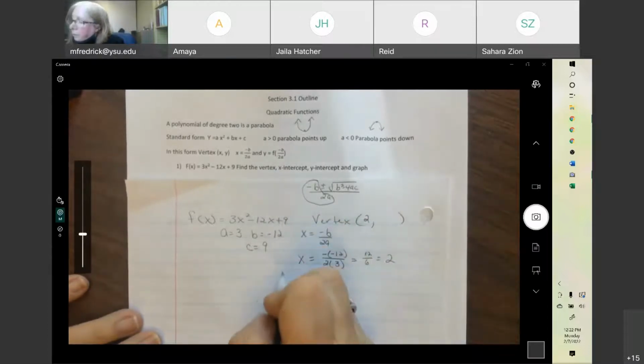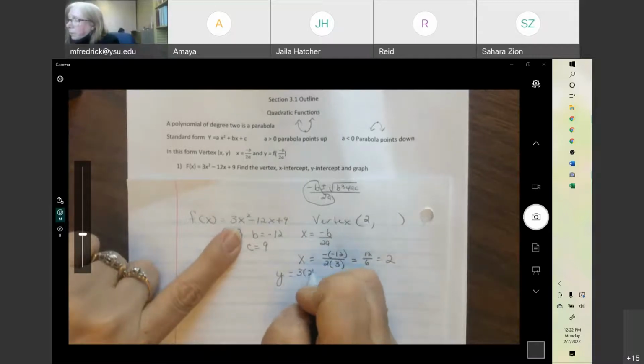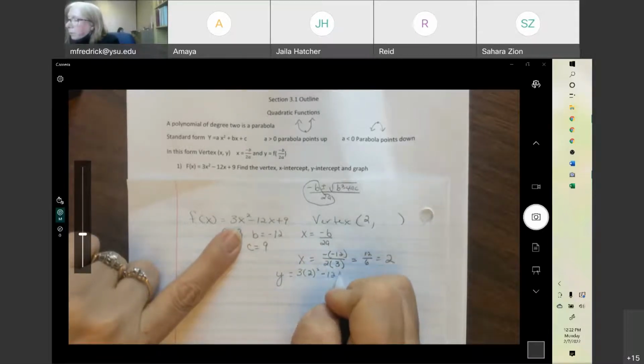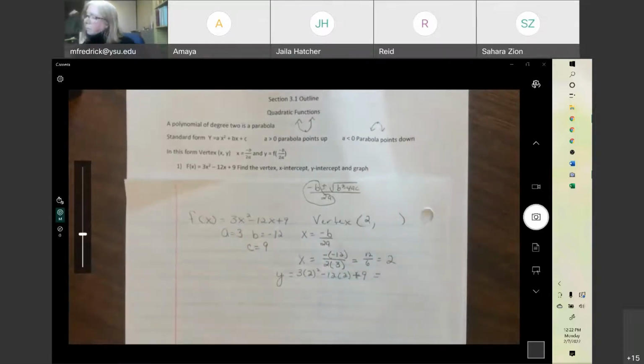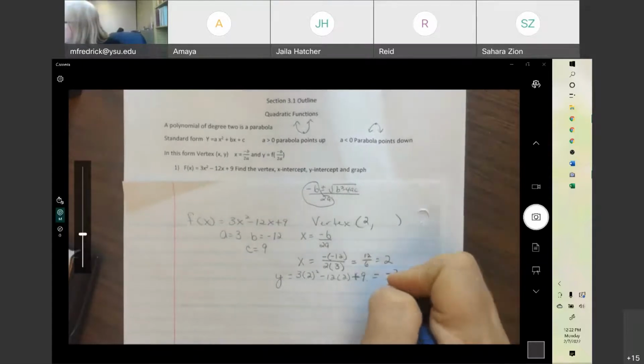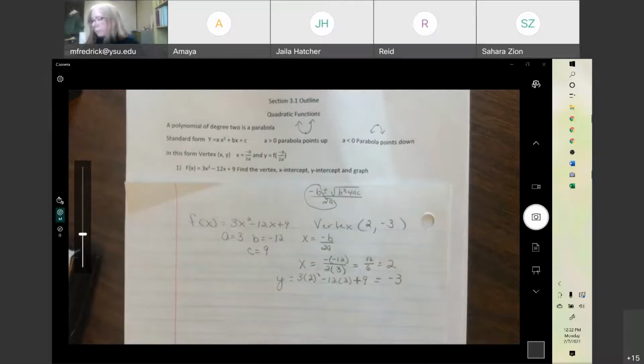The y value, just plug it into the equation. 3 times 2 squared minus 12 times 2 plus 9. Negative 3. Any questions on that?